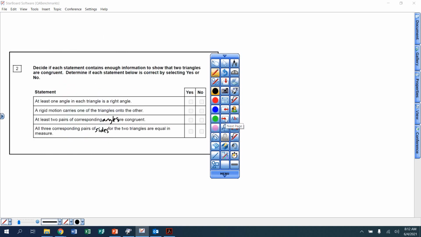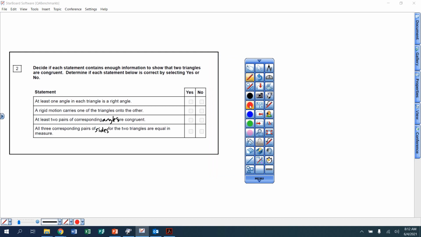All right. For this guy right here, again, know the basics. A right angle and a right triangle is not enough. It needs to be right angle plus some more. So that would always be a no. Rigid motion, sliding, yep, that's always yes. For this guy, angles, even if it did have sides in there, doesn't matter.